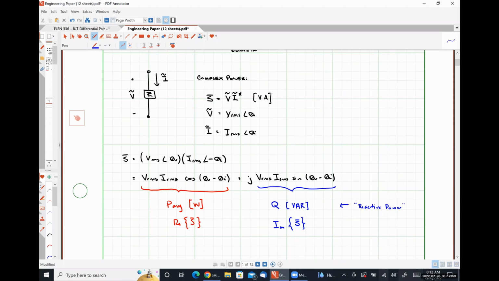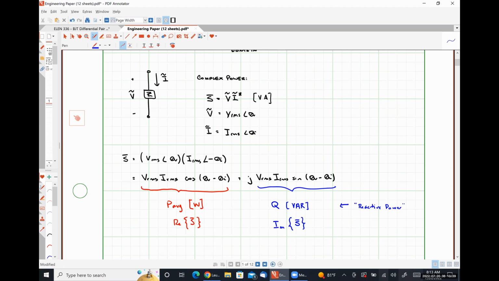And effectively what reactive power represents is energy storage in our system. Okay, we will not have a reactive power component of our complex power unless there are capacitors and/or inductors in our system. So reactive power does not represent power that can be used to perform work. The reason is that reactive power represents the power absorbed or supplied by energy storage elements.